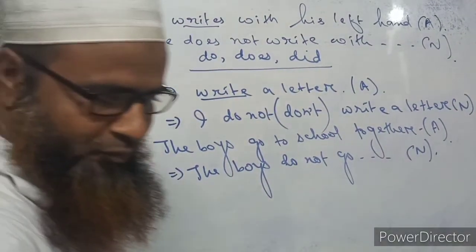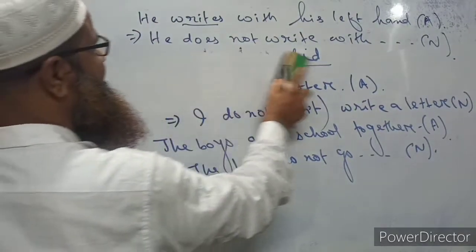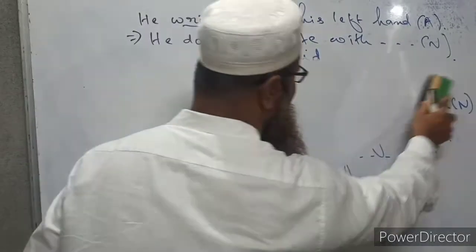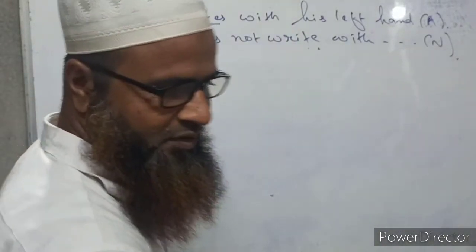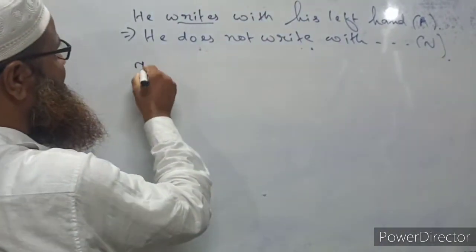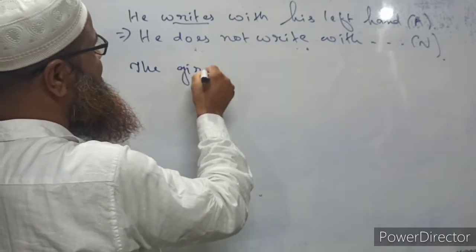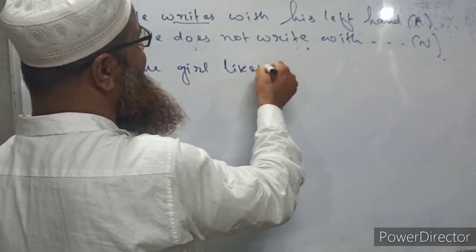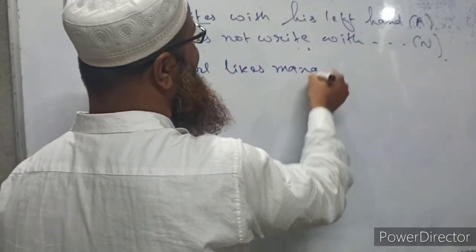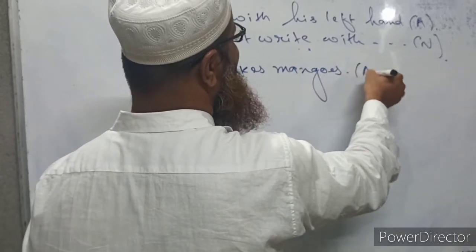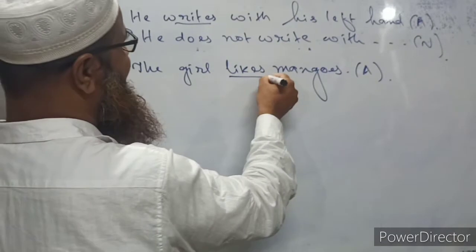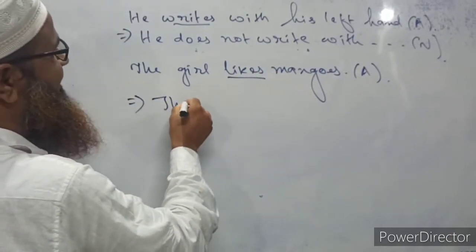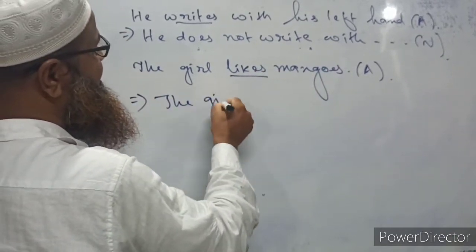I am writing some more examples. The girl likes mangoes. This is also an affirmative sentence. If we want to make it negative, the verb is in the third person form, so we shall take the help of does.